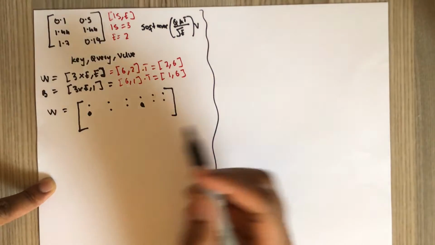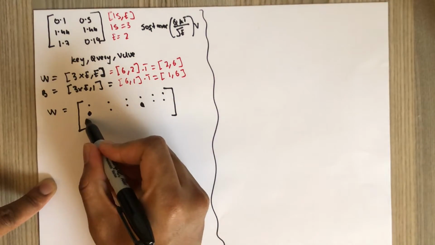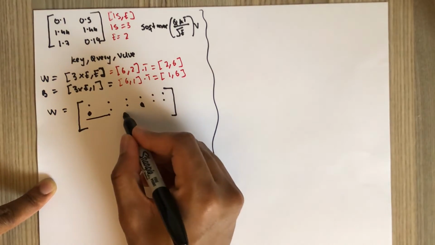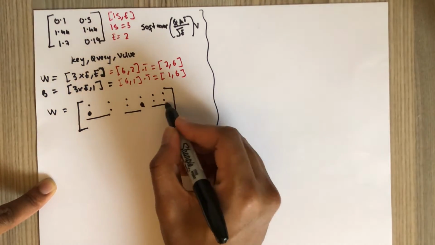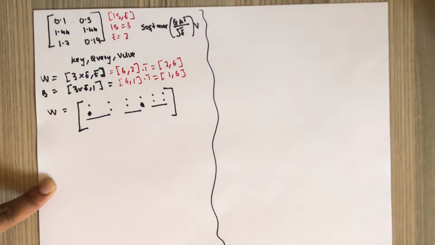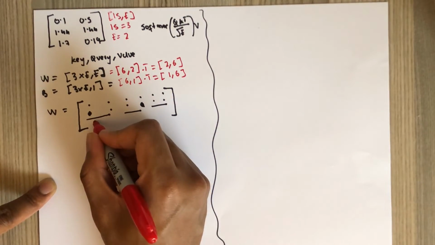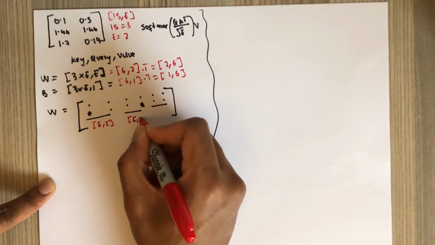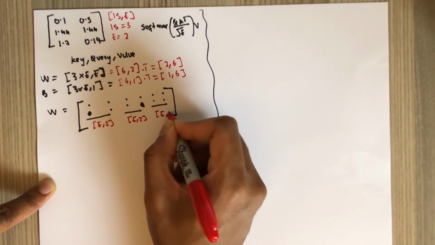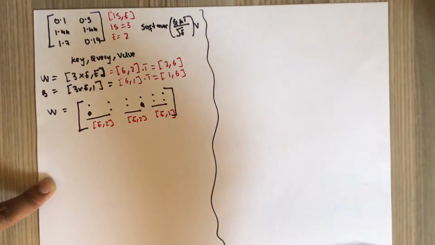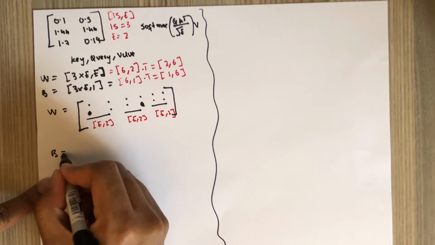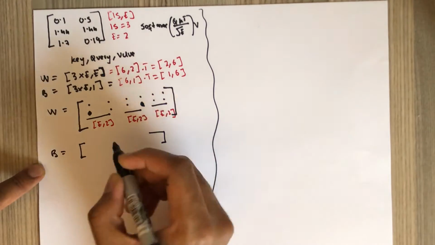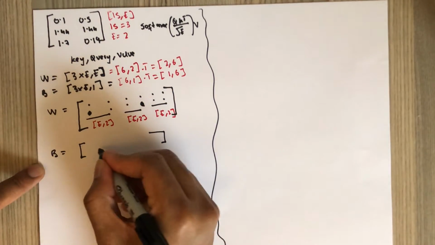So usually the way it's done is, this part of the weight matrix is the weight of the key, this part is the weight of the query, and this part is the weight of the value, and each of them has a dimension of E by 2. And a bias is also created randomly at the beginning, and this bias is something like this.